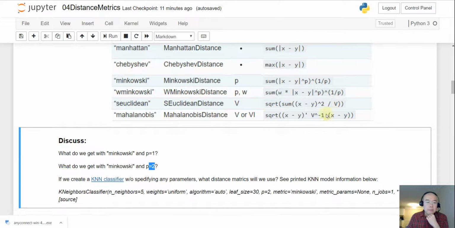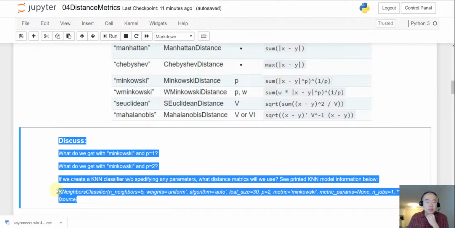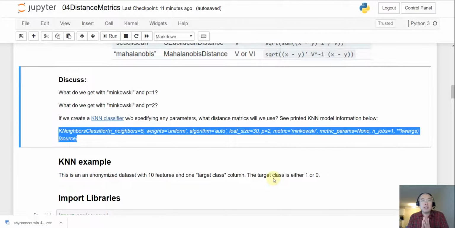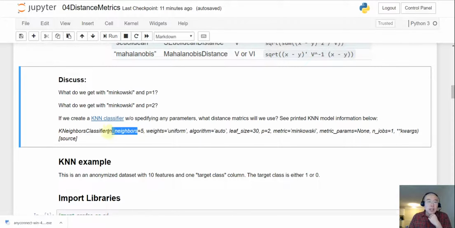Okay, and for the next part, if you go to the official documentation of the k-nearest neighbor classifier, this is what you will see. It shows all the default values if you build a k-nearest neighbor without specifying any hyperparameters. By default, n_neighbors is 5. This means if you don't specify how many neighbors to look at, scikit-learn will look at the 5 nearest neighbors. What else?